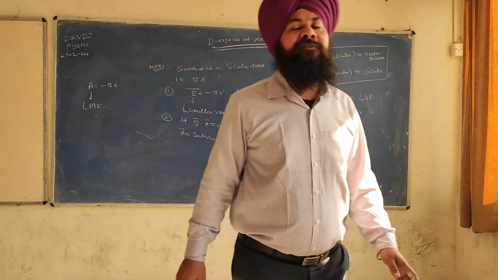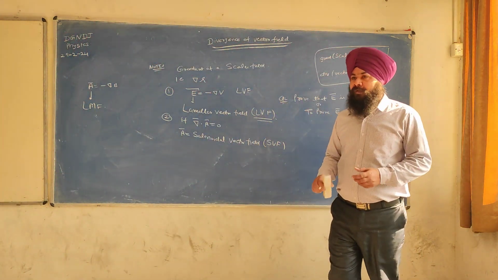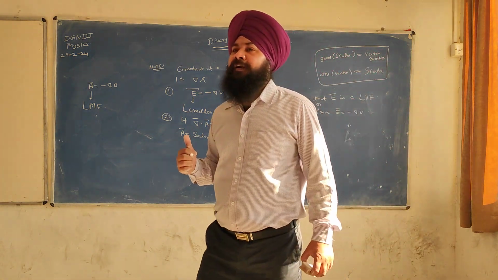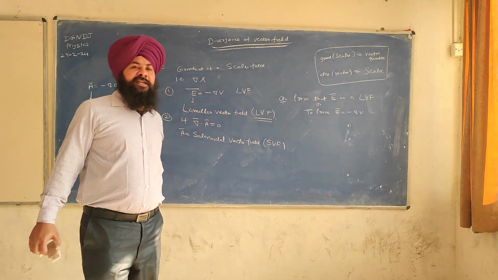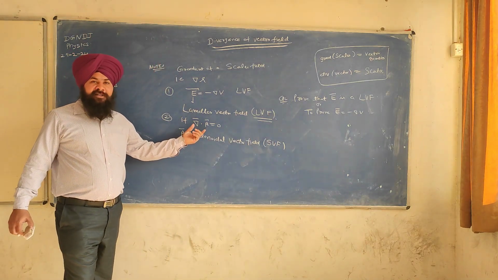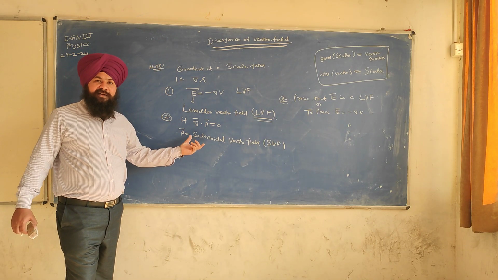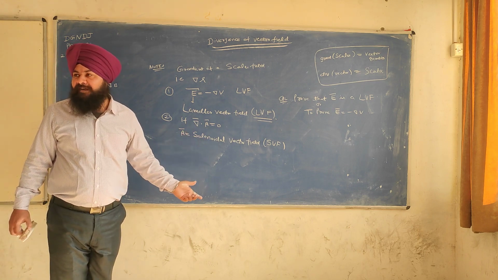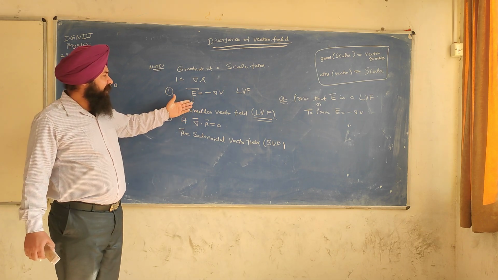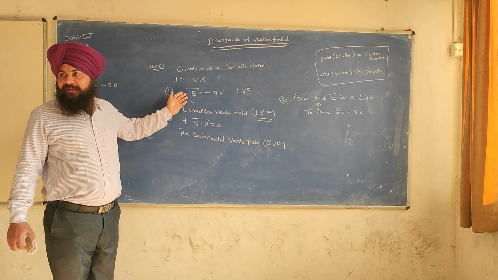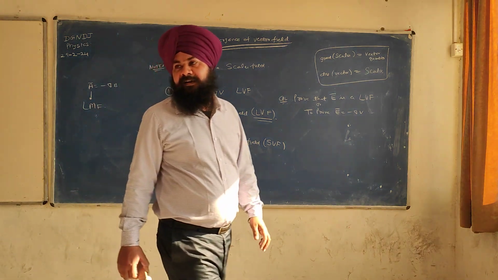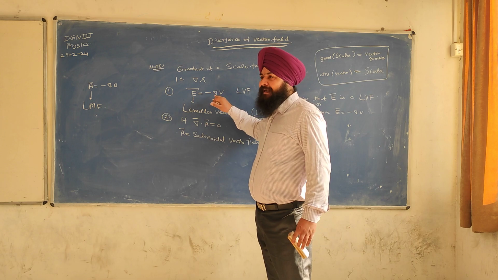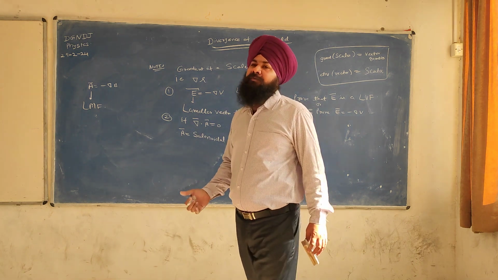Prove that this vector field is a laminar vector field, or prove that this vector field is a solenoidal vector field. In Hindi, how questions come: they will give you some vector field, let us say A is given, then they will say prove that this A vector is a solenoidal vector field, and prove that this E electric field vector is a laminar vector field, which means it can be expressed as a negative gradient of some scalar function or potential.